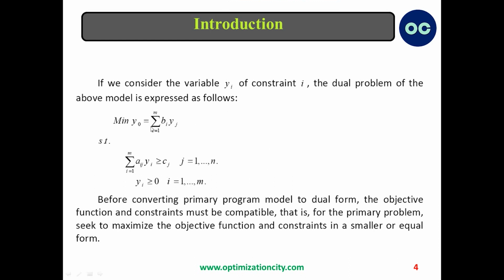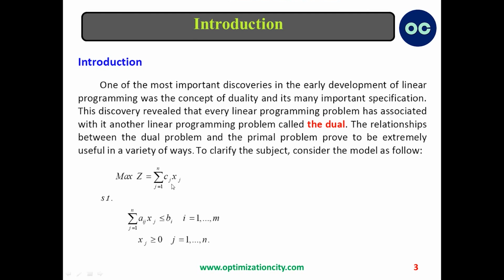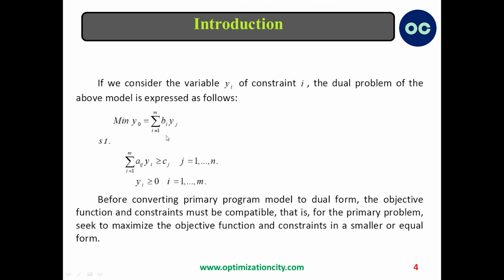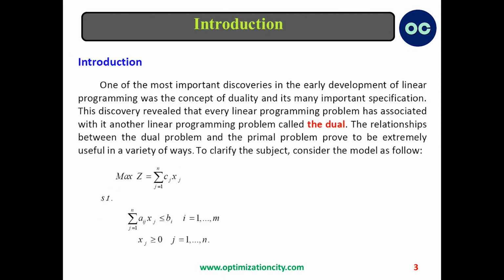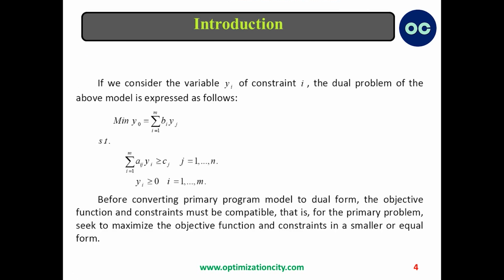So we just need to multiply bi by yi as an objective function, and the right hand side of the dual model would be the coefficient of xj in the objective function of the primal model. We will discuss in future how we can write the dual model.